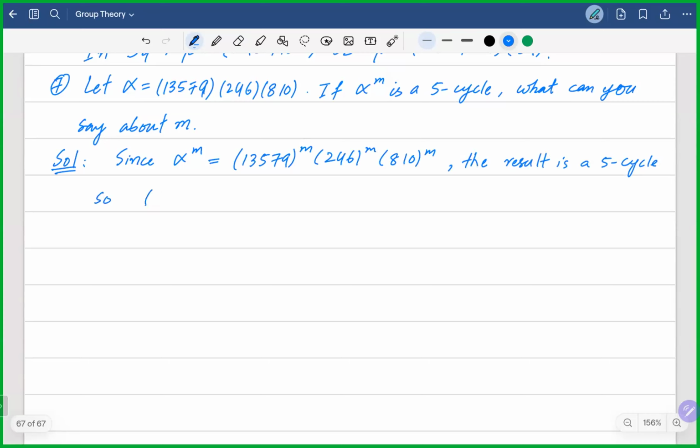So that means 2 4 6 power m is identity, and 8 10 power m is also an identity. So 3 and 2 divide m.